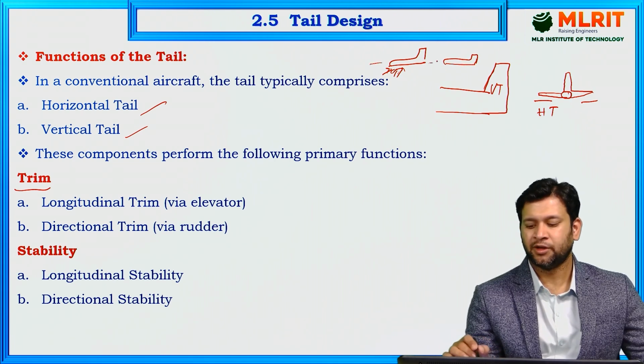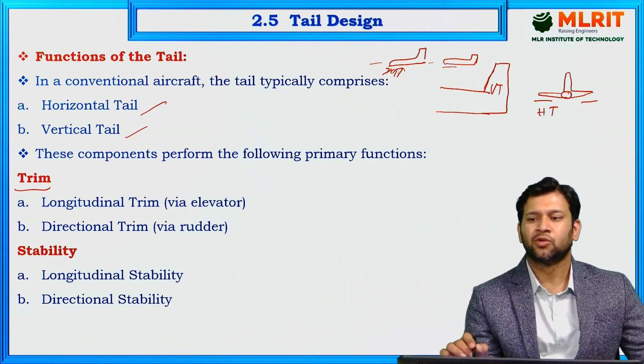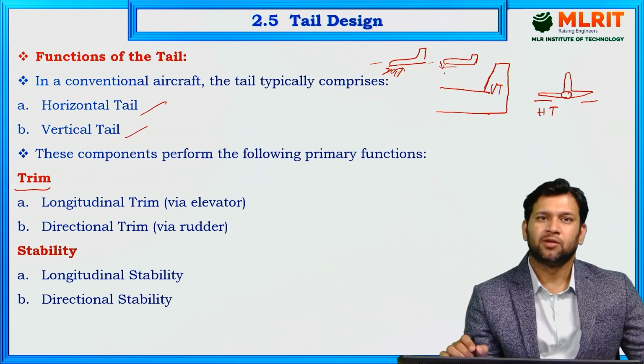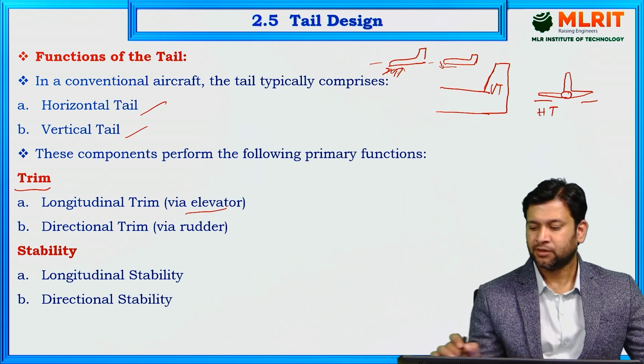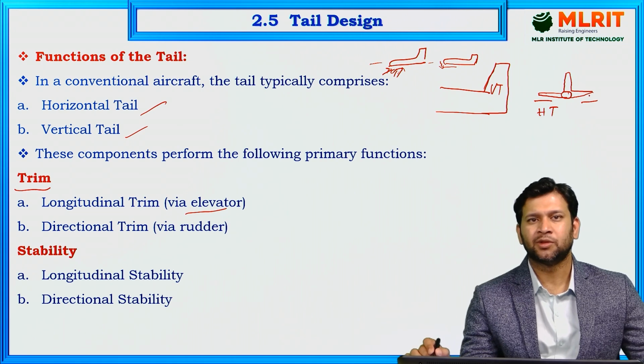So suppose this is the equilibrium position and here there is a slight change in the angle of attack. Assumption is 1 degree change here. So to regain this change of 1 degree, we use elevator which is on the horizontal tail, at the trailing part of the horizontal tail, to bring back this to equilibrium position.